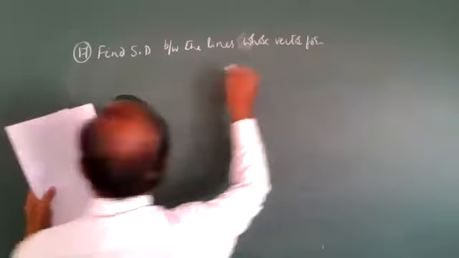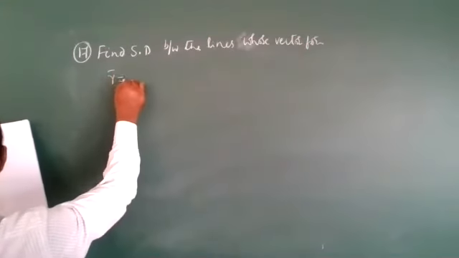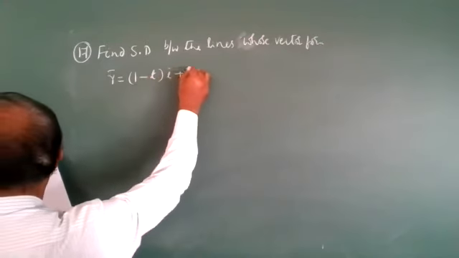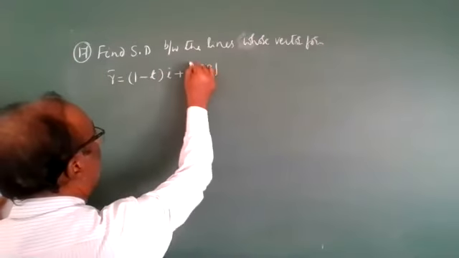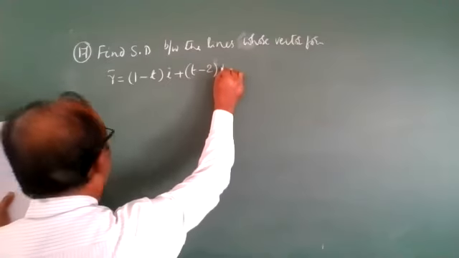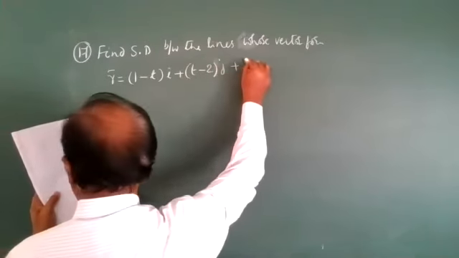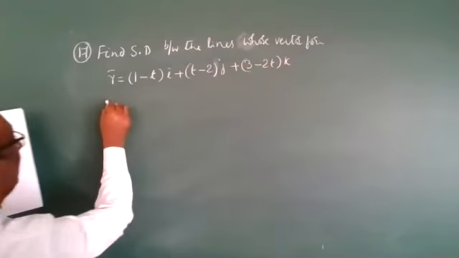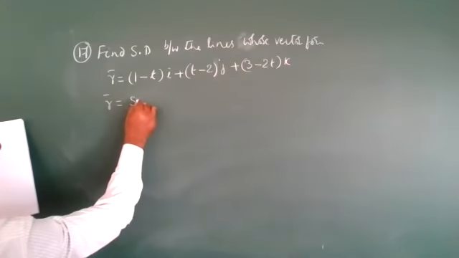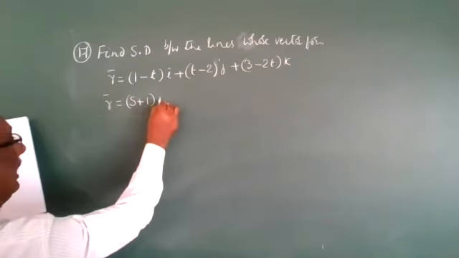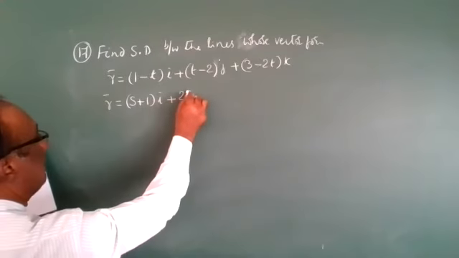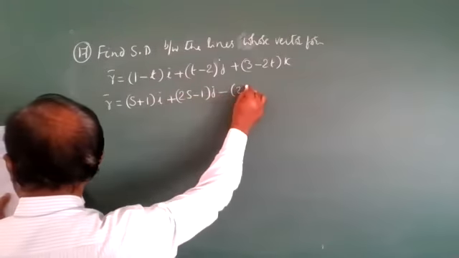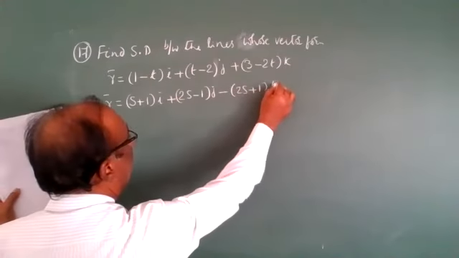The vector form lines are given: r bar is equal to (1 minus t) i plus (t minus 2) j plus (3 minus 2t) k. Another line is r bar is equal to (s plus 1) i plus (2s minus 1) j plus (2s plus 1) k.